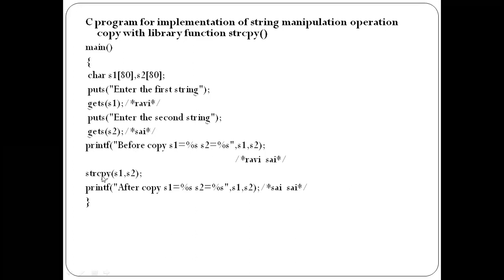After that the string copy is applied, strcpy(S1, S2); String 2 is Sai, string 1 is Ravi. After copying, S1 equal to %s, S2 equal to %s. It means S1 is Sai in the output and S2 is Sai.